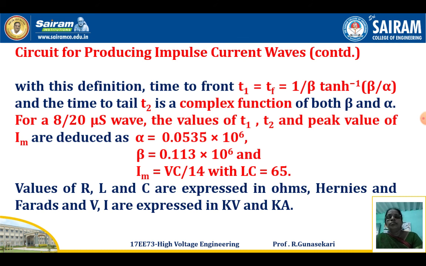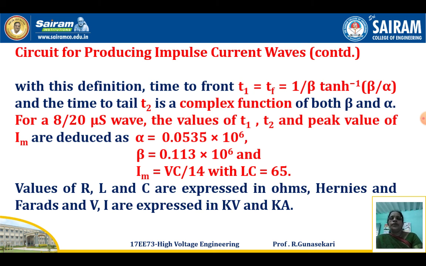Now, based on this definition, the front time t1 equals 1 by beta times tan inverse of beta by alpha, and the tail time t2 is a complex function of both beta and alpha. I am taking the sample waveform as per the Indian standard specification, the 8 by 20 microsecond impulse wave.